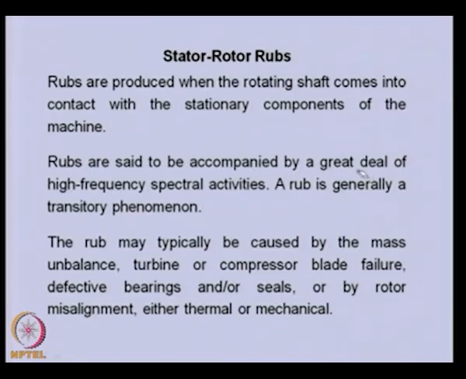A rub is generally transient behavior. The rub may typically be caused by mass unbalance, heavy mass unbalance, turbine or compressor blade failure, defective bearing or seal, or rotor misalignment, either thermal or mechanical.